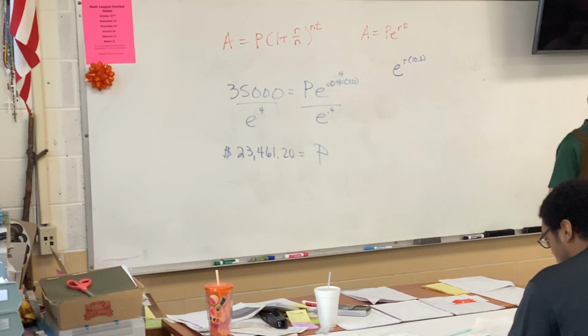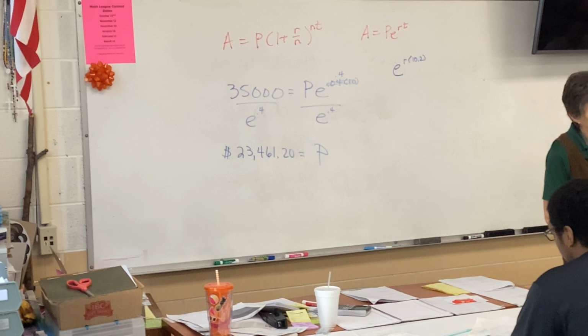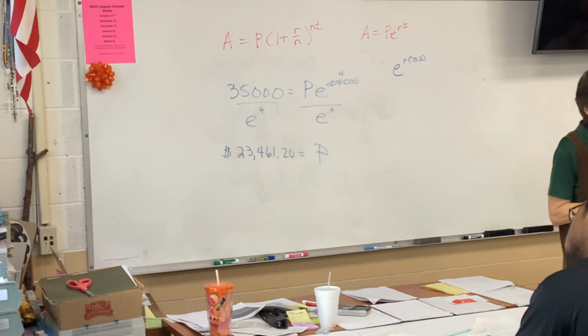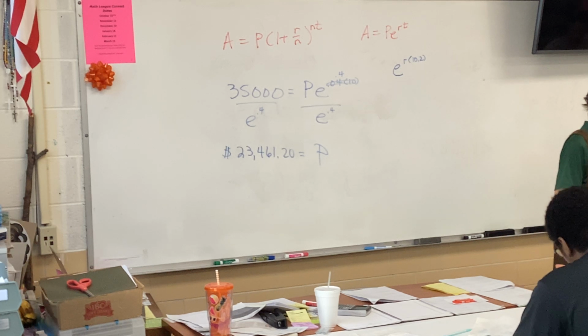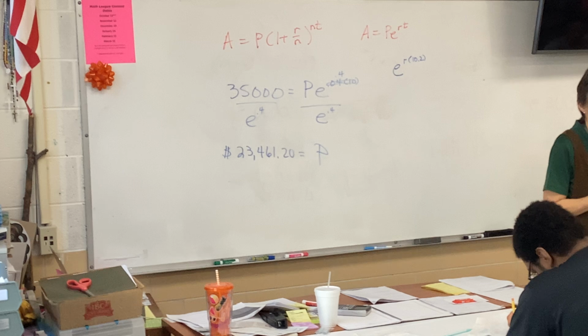So half-life is the number of years or months or whatever it takes to have half of the radioactivity you started with in your element. You end up with half of what you started with.